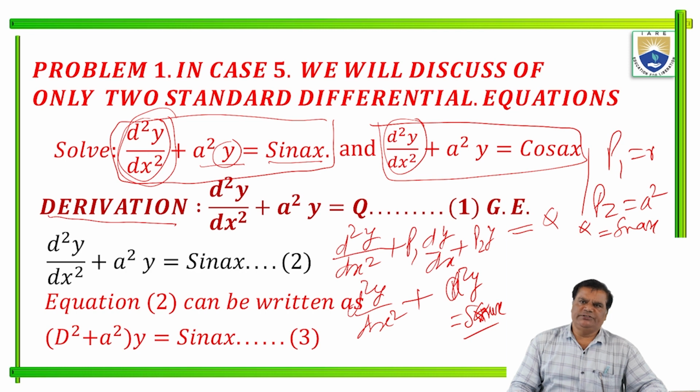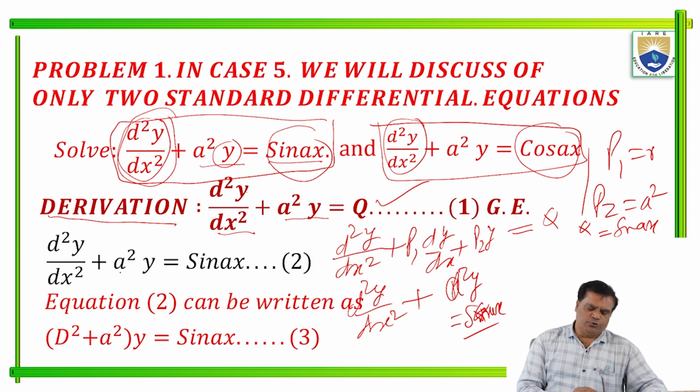So, derivation or solution: how can we solve these two differential equations? The equation is d2y/dx2 plus a square y equal to Q. This is the standard equation. Here we take Q as only sin ax and cos ax. This equation 1 is known as the general equation, where Q is some function. In our question it is d2y/dx2 plus a square y equal to sin ax.